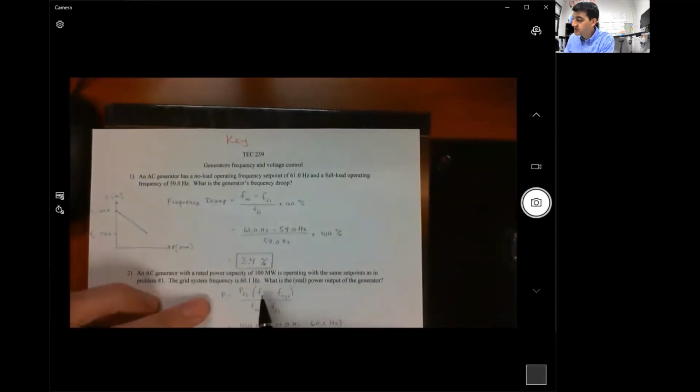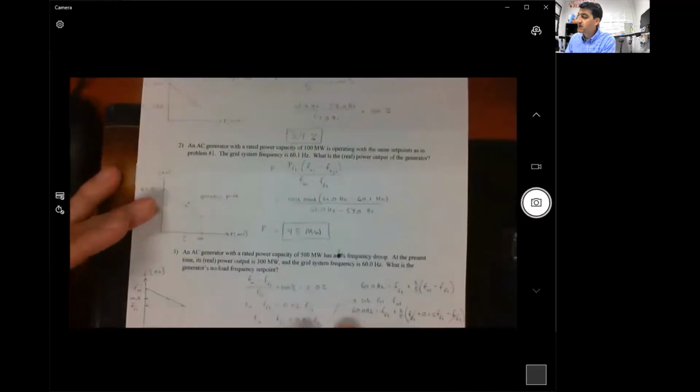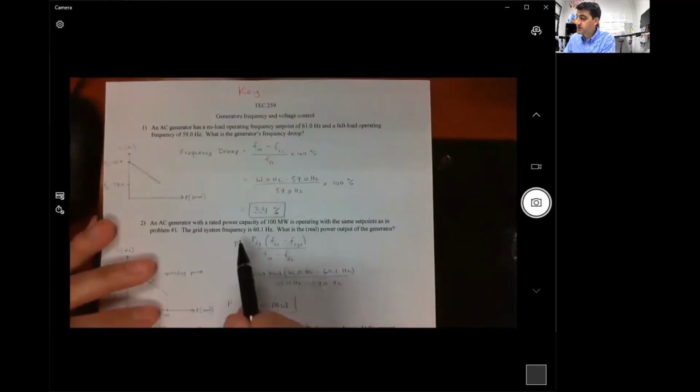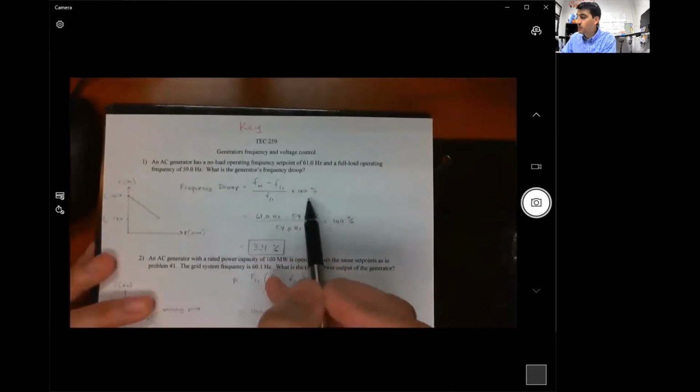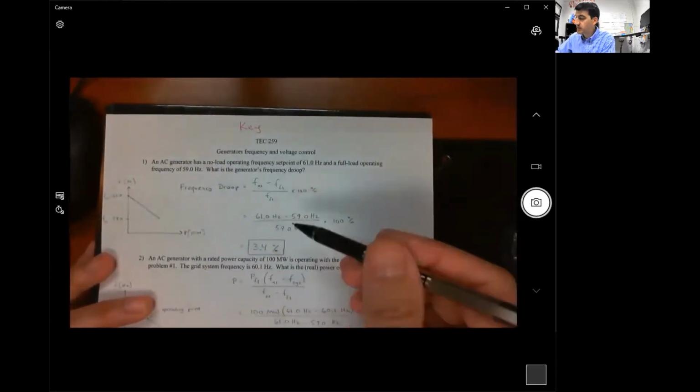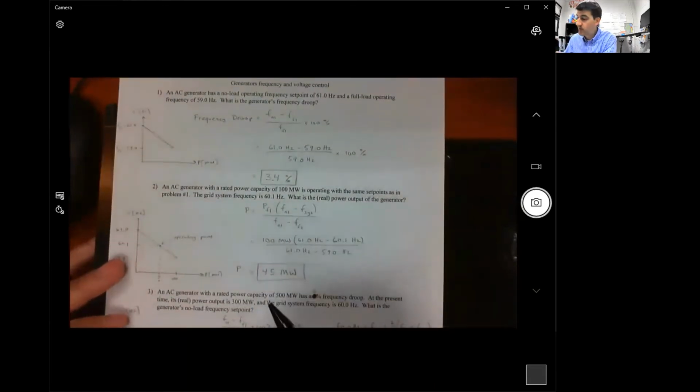You have two equations that are relevant to this plot right here: your power equation that we used in number 2, and your frequency droop equation that we used in number 1. Both of those equations have two unknowns that we don't know in problem number 3, and those unknowns are the no load frequency and the full load frequency.